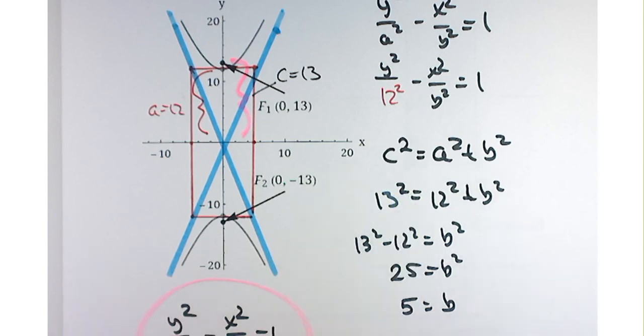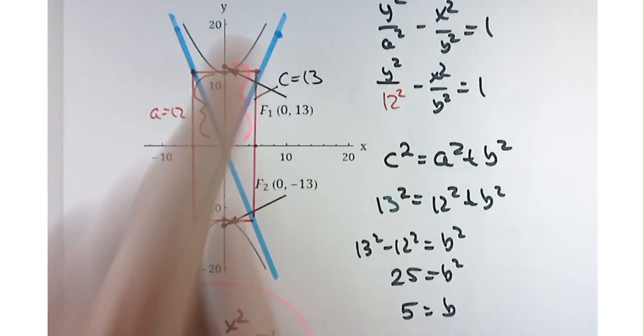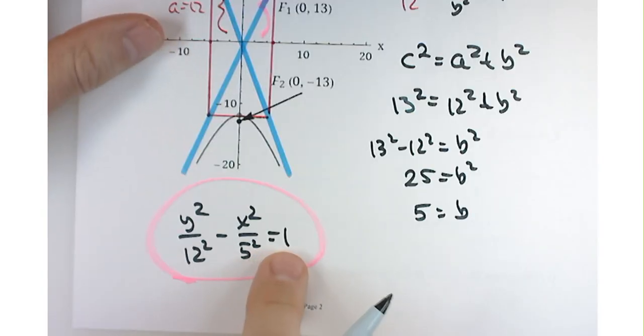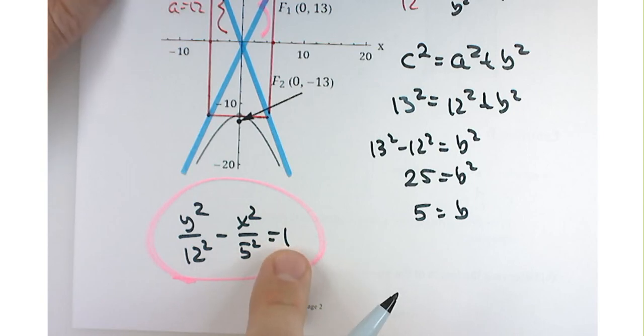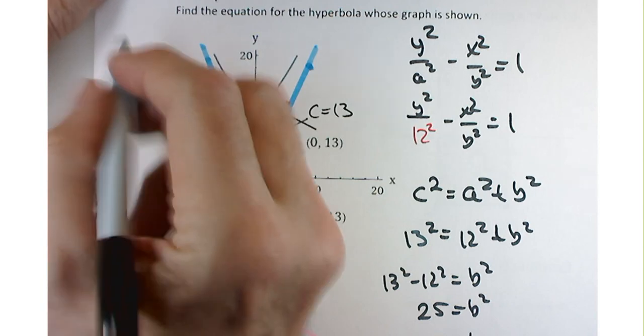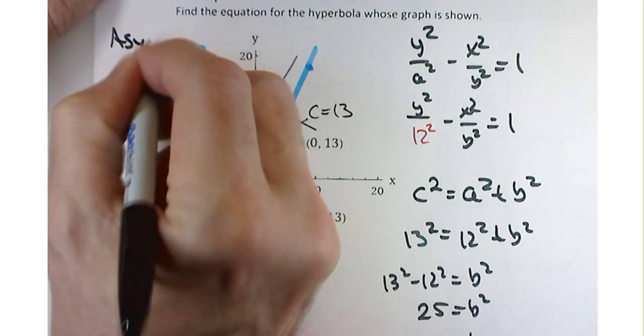To find the equation of this, here's my little trick. You can set this equal to 0. And what's going to happen? Well, you're going to solve for y. So this is for the asymptotes.